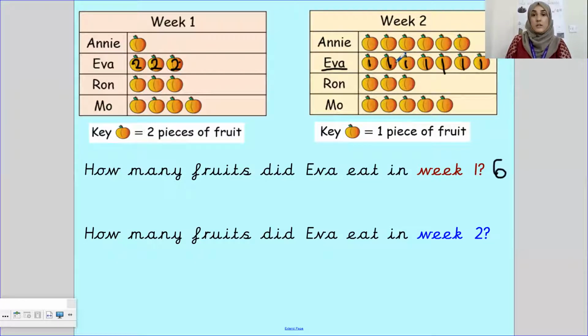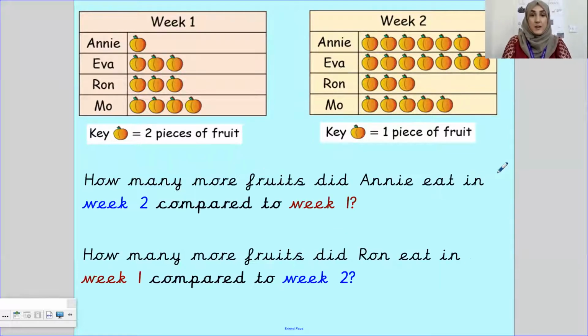Now I can count them all together. 1, 2, 3, 4, 5, 6, 7. 7. Now, very quickly, the question is not on here, but did Ava eat more fruit in week 1 or did she eat more fruit in week 2? Well done. She ate more fruit in week 2 because 7 is the bigger number.